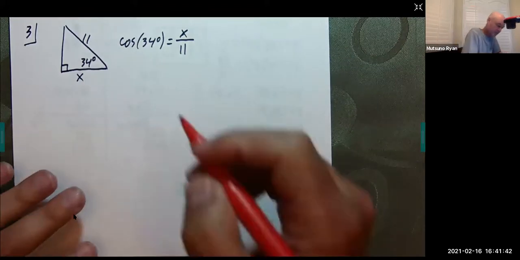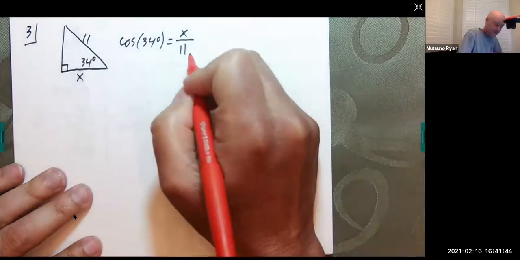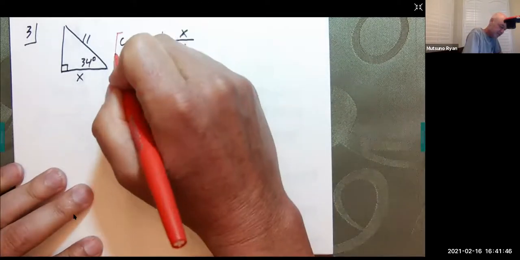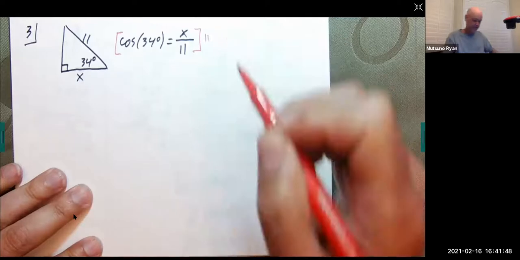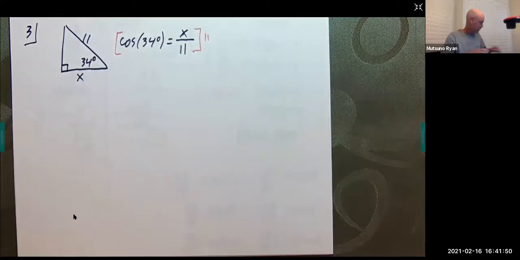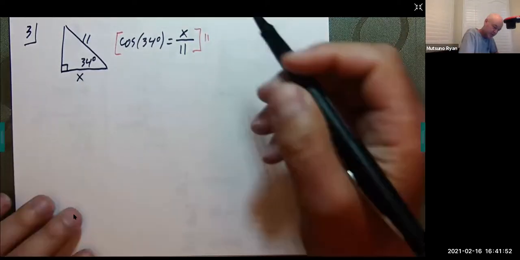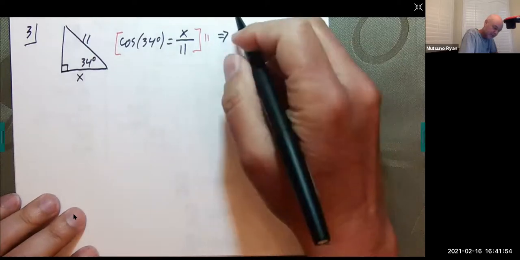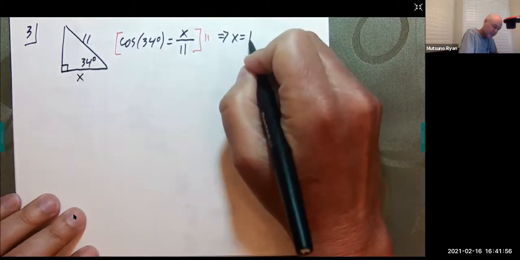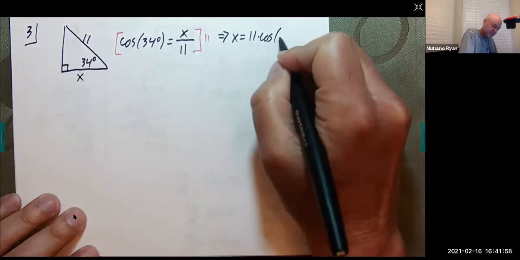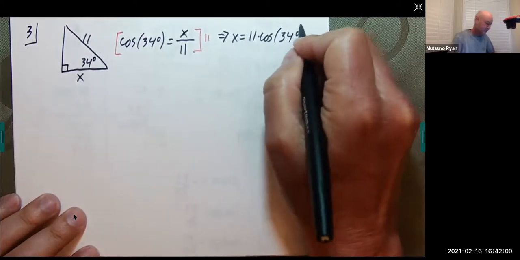I'm now going to multiply through by the LCD, which is 11 in this case. That's going to give me that x is equal to 11 times the cosine of 34 degrees.